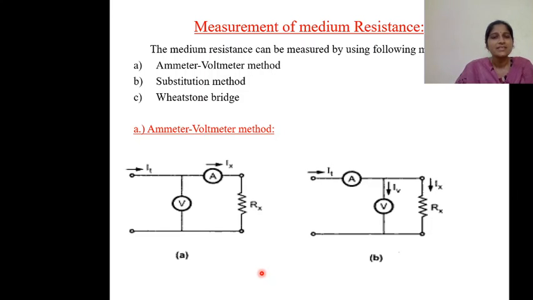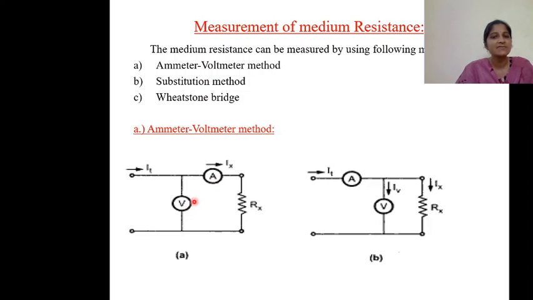The first method, the ammeter voltmeter method, we have already studied in the measurement of low resistance. There will be ammeter-voltmeter and also voltmeter-ammeter arrangements. In one, the voltmeter comes first, whereas in the ammeter voltmeter method, the ammeter comes first. In both, you get the voltmeter reading and the ammeter reading.